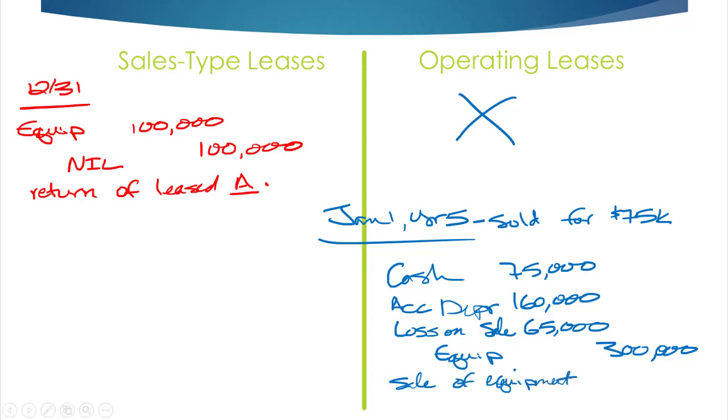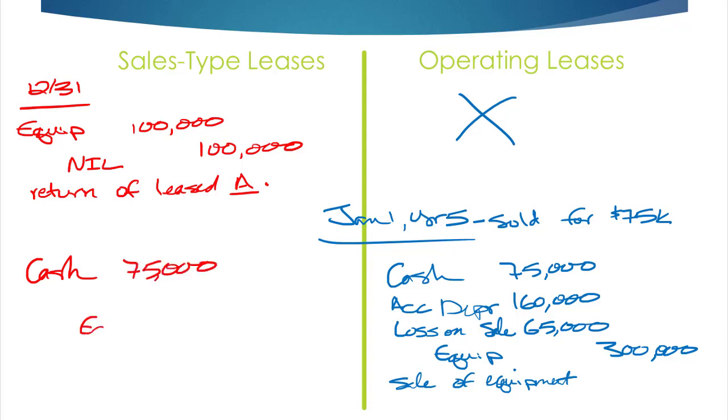A little bit different for a sales type lease. In this case, we don't have any accumulated depreciation, and we have the equipment as being worth $100,000. So we'd record cash of $75,000.